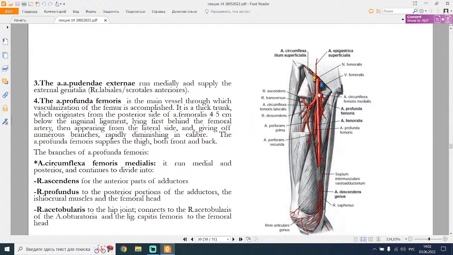It's a thick trunk which originates from the posterior side of the femoral artery 4 or 5 centimeters below the inguinal ligament, lying first behind the femoral artery, then appearing from the lateral side and giving off numerous branches, rapidly diminishing in caliber.